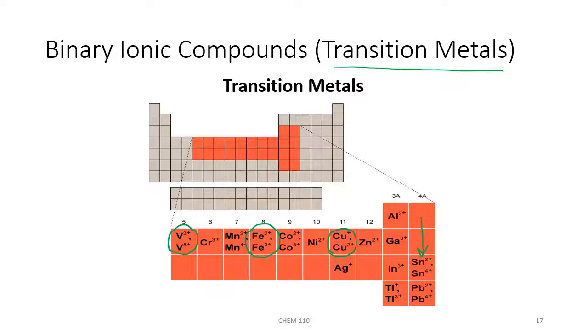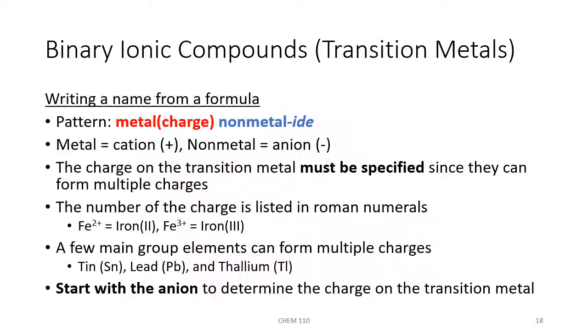We have to indicate the charge of our transition metal in our name. We cannot predict what charge a transition metal will form like we could for our representative elements. When we are writing a name from a formula and it contains a transition metal, our pattern will be we still list the metal first, but now in parentheses, we also have to indicate the charge of the transition metal.